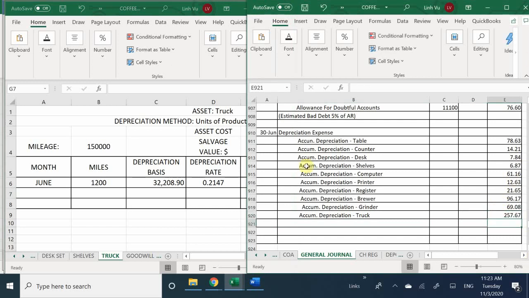All right. Is that all 10 accounts? 1, 2, 3, 4, 5, 6, 7, 8, 9, 10. All 10 accounts are here.